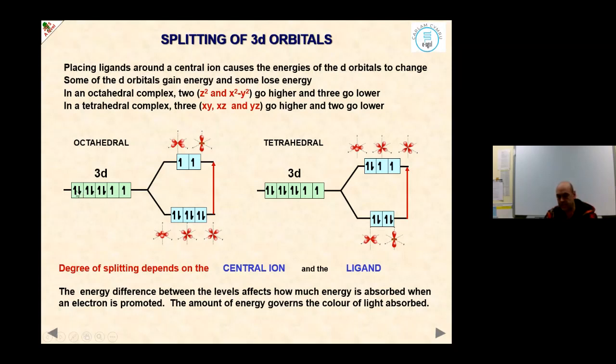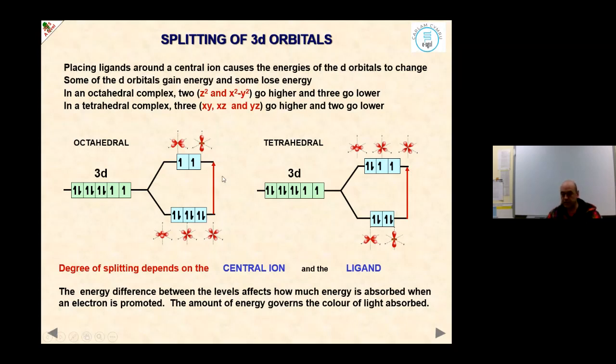And what that means is they're equal in energy. What your ligands do is when they come in and form their dative bonds, they cause these d orbitals to slightly, not massively, but slightly split in their energy. And you don't need to worry about whether it's octahedral or tetrahedral and how it splits. You just need to know the d orbital splits. They split in one of 2 ways. It doesn't matter which way. The point is it has split.